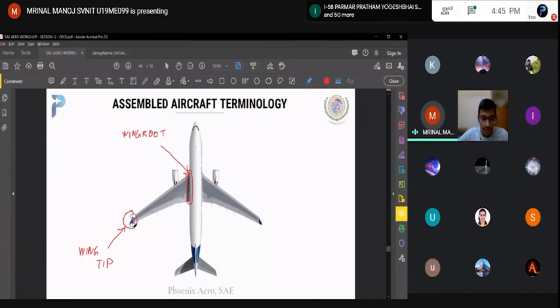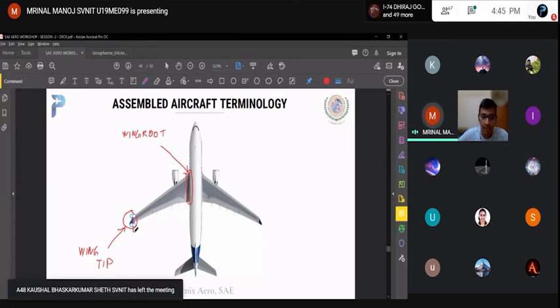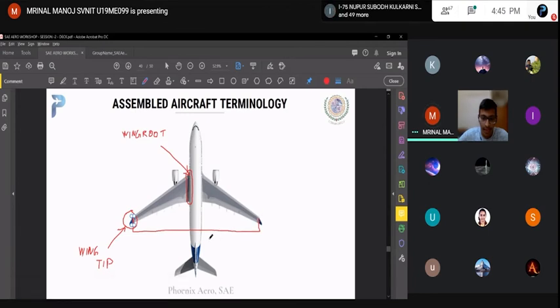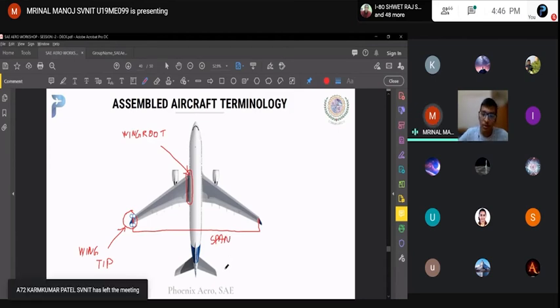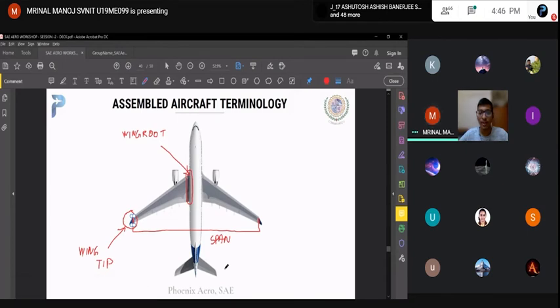Now another thing is the distance from one wingtip to the other wingtip is called the span of the wing. This span is a very common characteristic of how long or how wide an airplane is going to be.